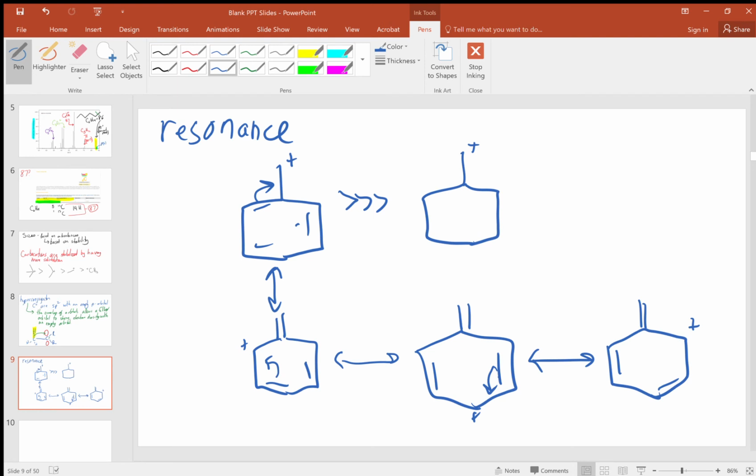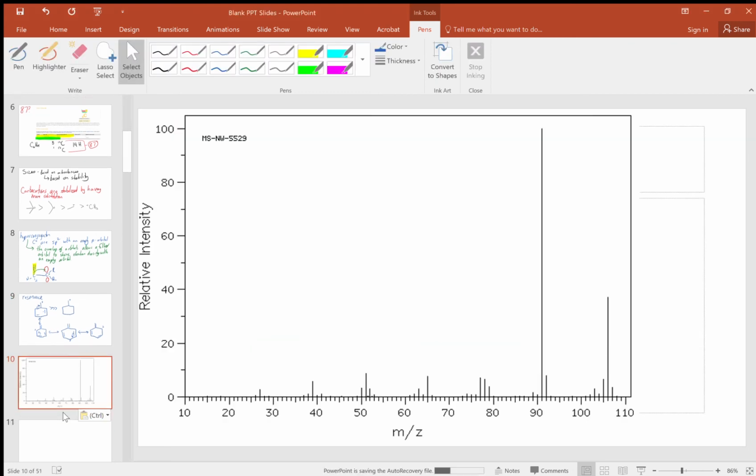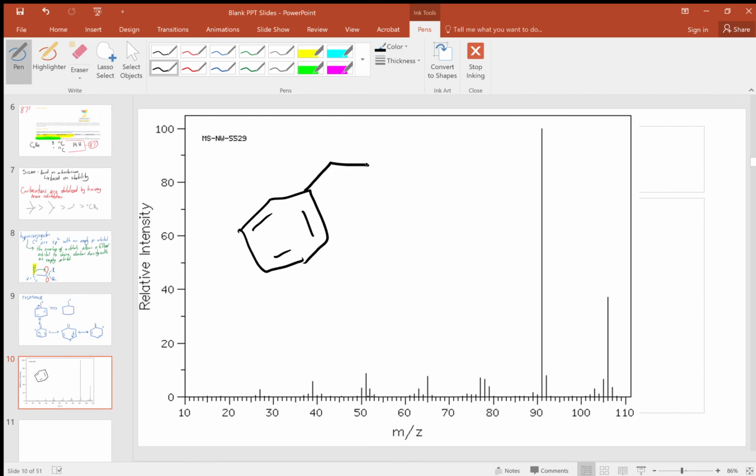And an illustration we can see of just how well that works is with the next spectrum that I'm going to show you. So this is the spectrum for ethylbenzene. Chemical formula C8H10. Total molecular weight is 106.